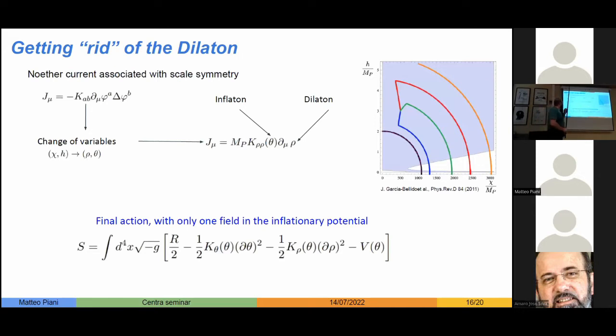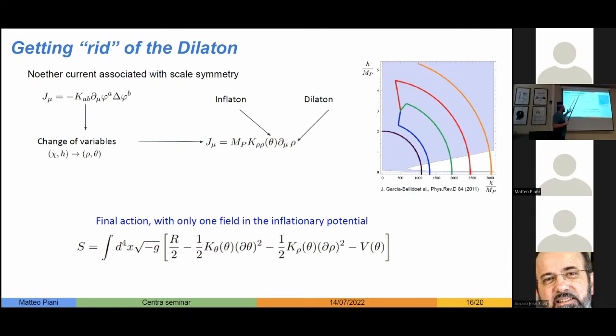So as I was saying, we have 2 fields, and we really do not want 2 fields in our model. But we have something to help, because we added an extra field, but we also have an extra symmetry, that is scale symmetry. So what you can do is take another current that is associated with this scale symmetry and compute it. And you can see that there is always a smarter change of variables that will give you a current that decouples in this way, in which you have a function that depends on one field and the derivative of the other field.